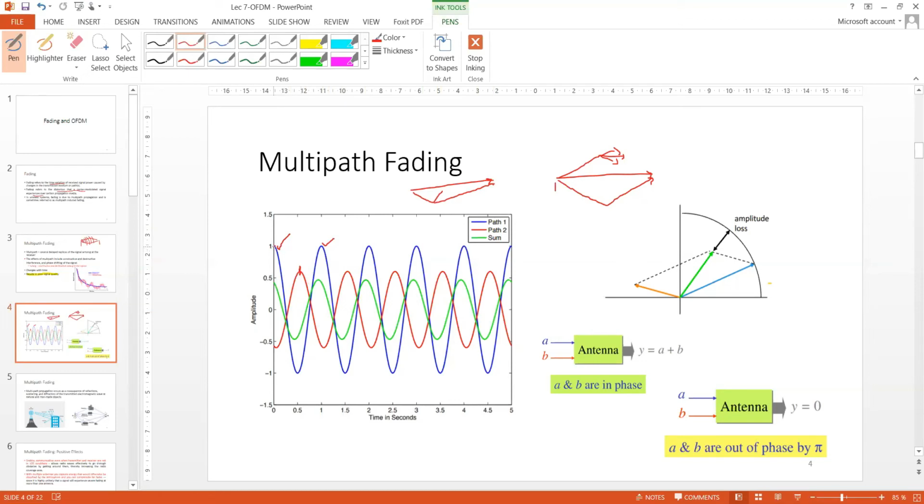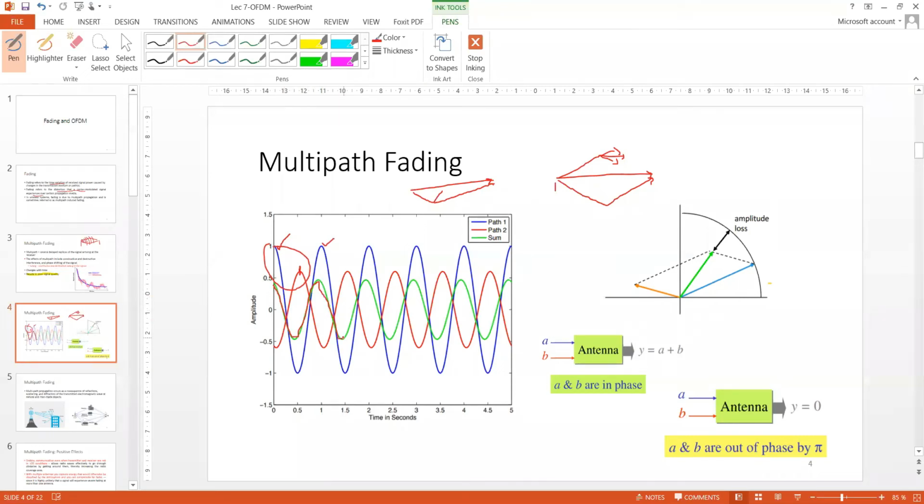Now, when both of these copies are received at the receiving end, what happens? A constructive or a destructive interference might take place, and the resultant signal will have a relatively larger amplitude if constructive interference takes place, and it can have no amplitude or very small amplitude if destructive interference takes place.